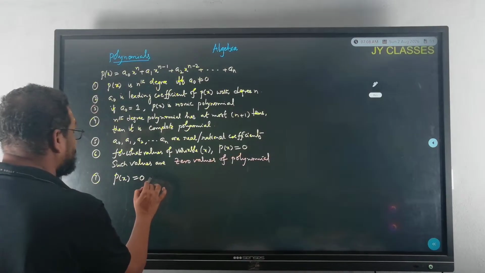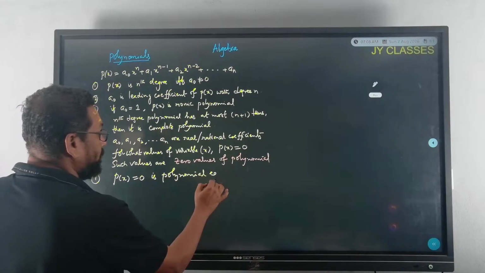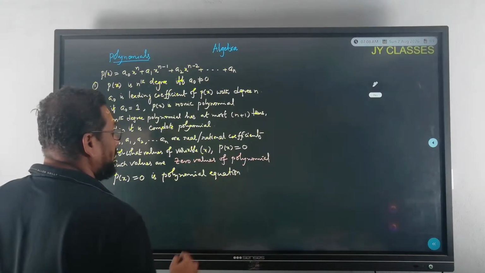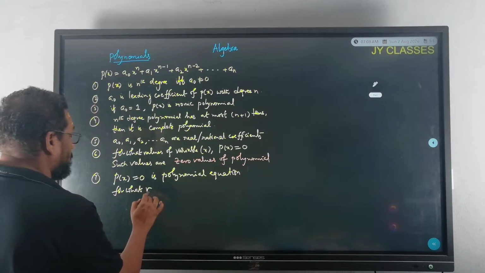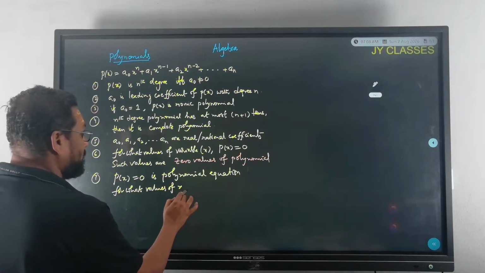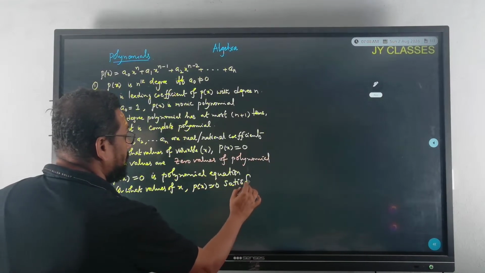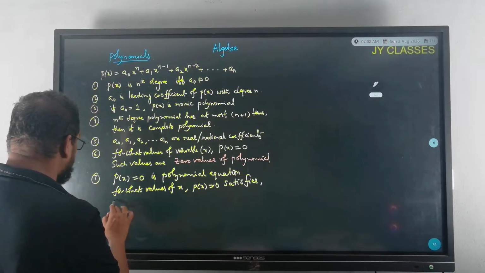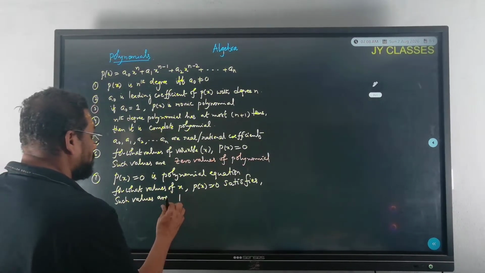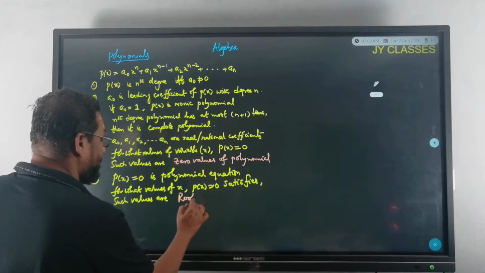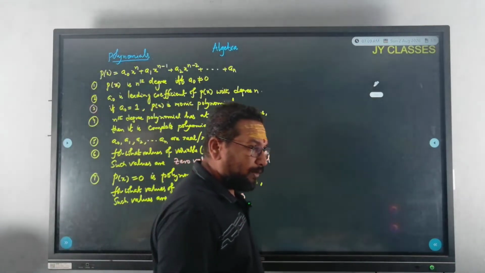P of x is equal to 0 is a polynomial equation. For what values of x, P of x is equal to 0 is satisfied, such values are called roots of the equation, roots of P of x is equal to 0. These are all known points only.